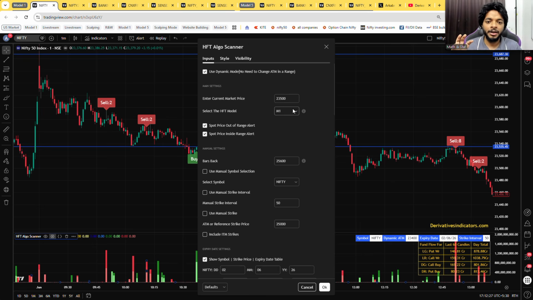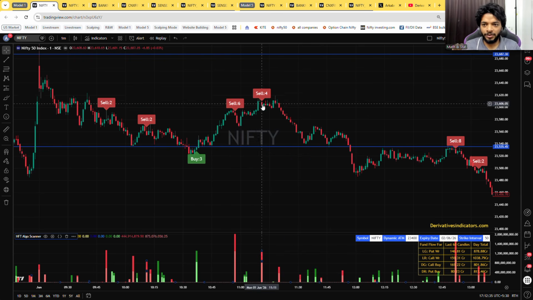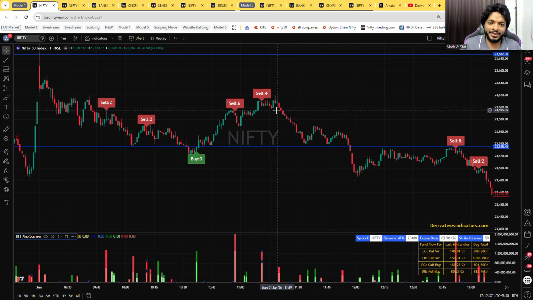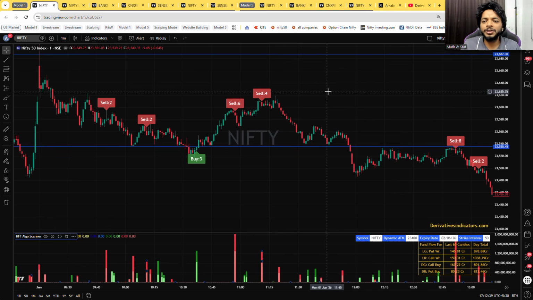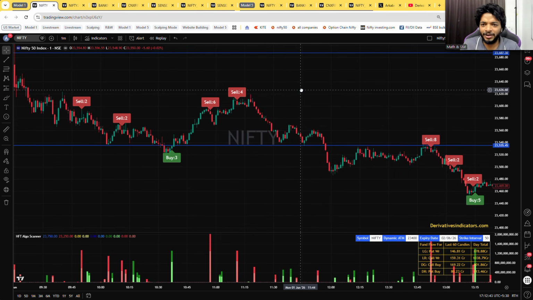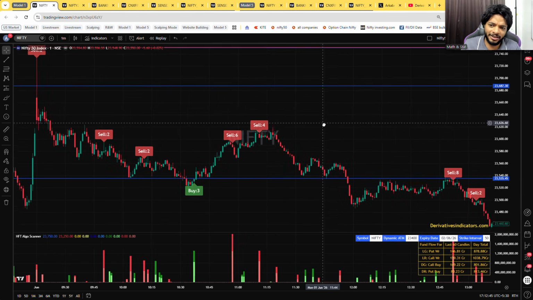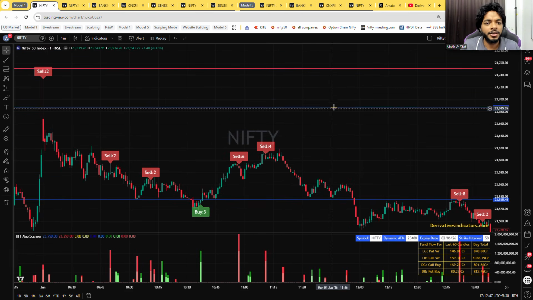Mostly we follow model 1, and along with it we also follow model 5. All you have to do is follow model 1, and if you want to follow model 5 also, you can do that. Personally, I also follow model 5 and check if I'm getting some different kind of signals there as well.